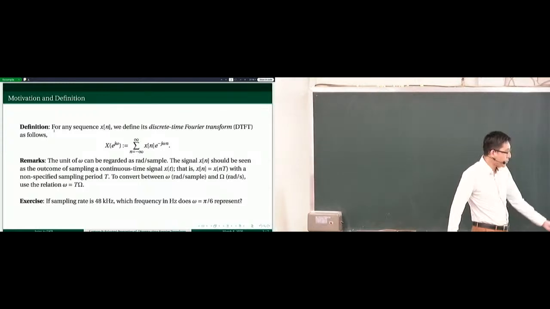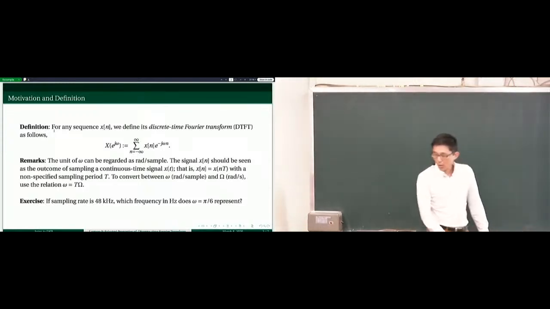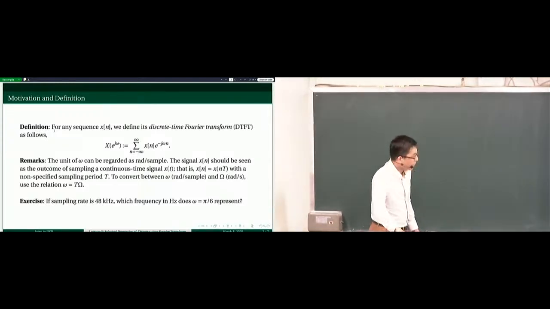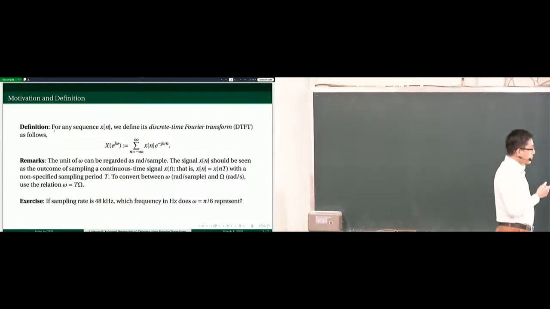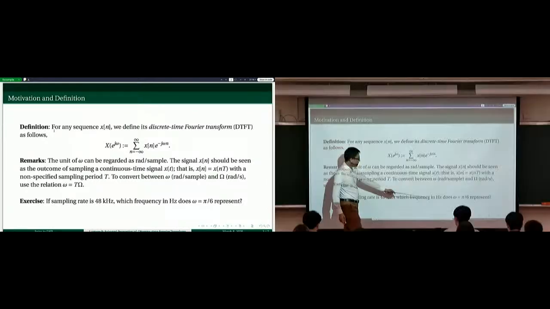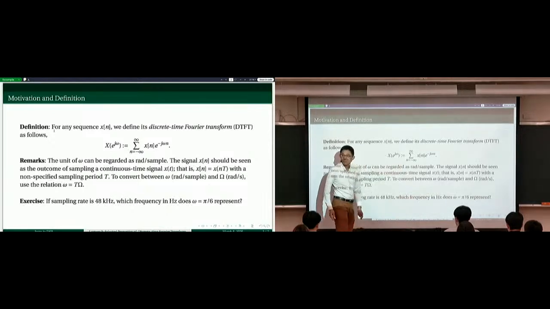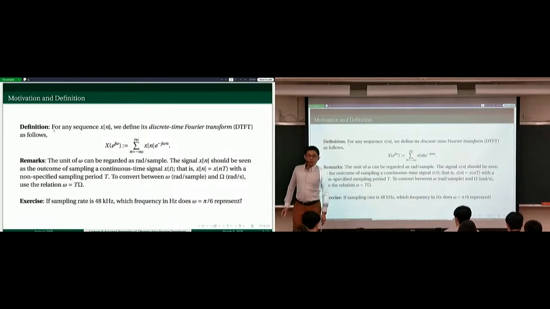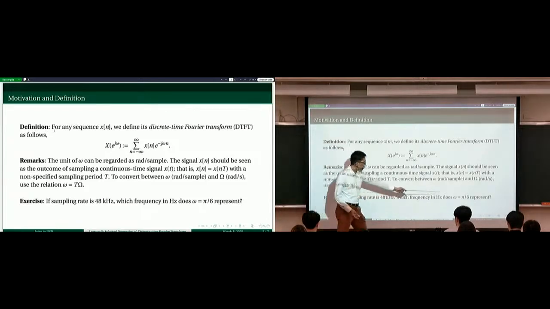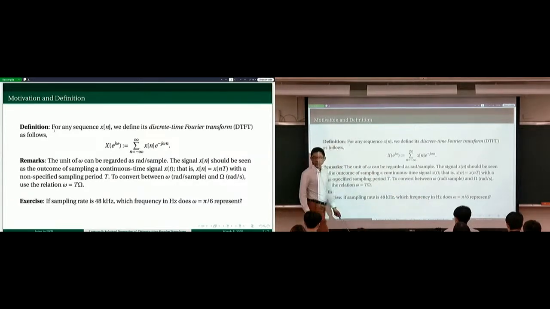The way I remember it, do you remember how I remember it? Whenever I see small omega, I think of pi as the Nyquist rate, because pi is 1/2 of 2 pi, and 2 pi corresponds to the sampling rate, right? So pi corresponds to the Nyquist rate, which is half of that, equal to 24 kilohertz.